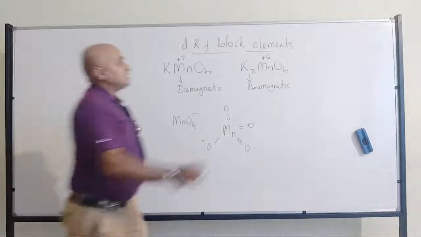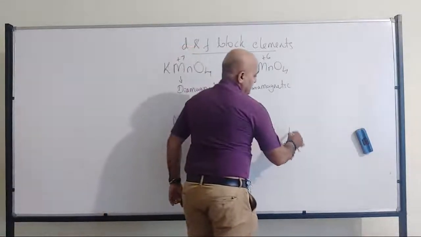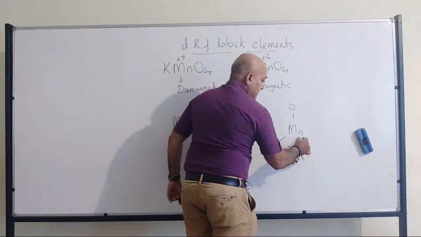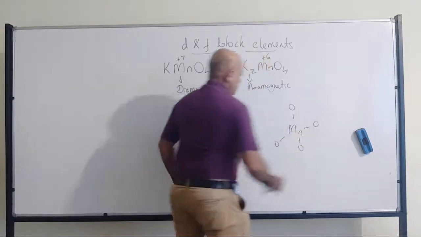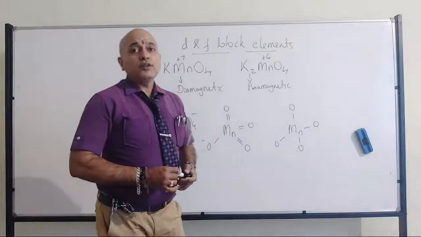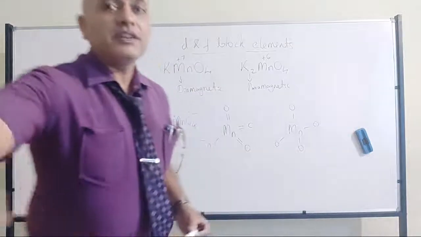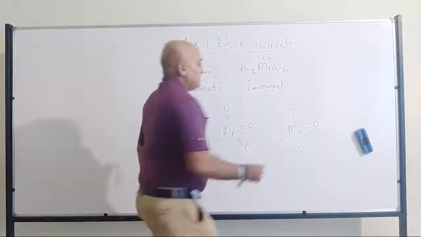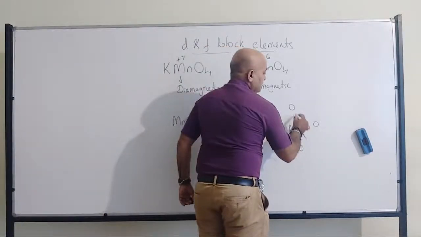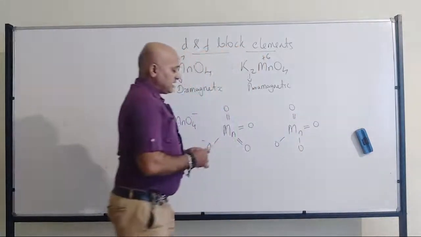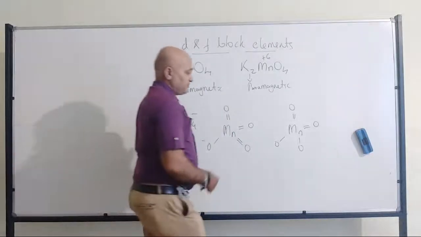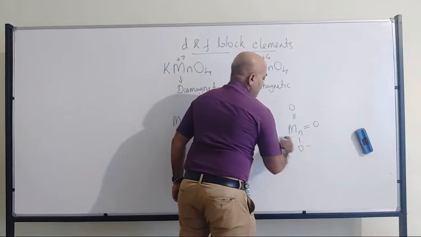Right? So when it comes to manganate, manganese once again acts as a central atom which will be surrounded by 4 oxygen. Now here any 2 of these 4 will make the double bond.